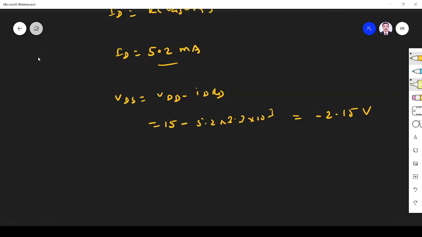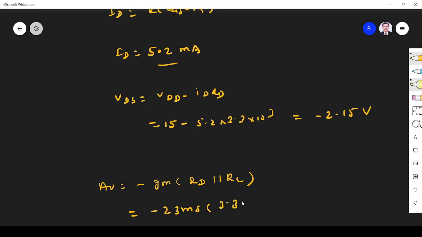So we got VDS. Now AV we have to find. AV, small signal voltage gain, is minus GM times RO. RO, whether they are given lambda? No, there is no lambda. So it is RD in parallel, they are given load RL. GM is given in the problem, minus 23 millisiemens.